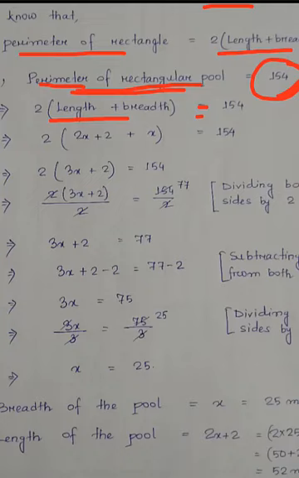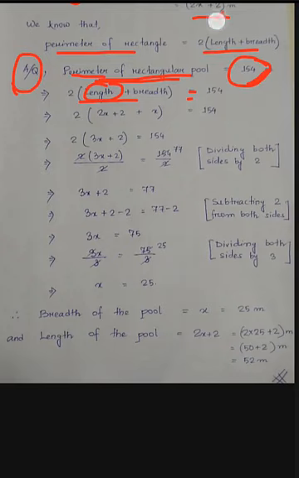After that, in place of length we have to put this value which is already determined. So this value we are putting, and in place of breadth we are putting this value which was already assumed. So in place of length we put twice x plus 2, in place of breadth we put x.